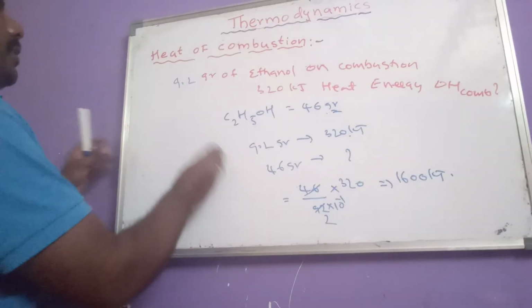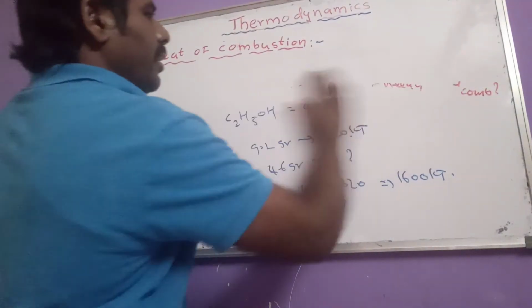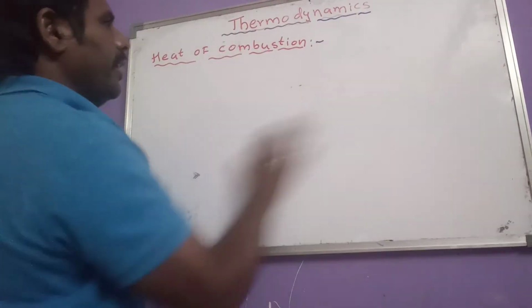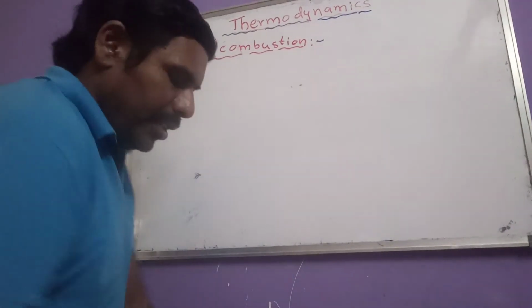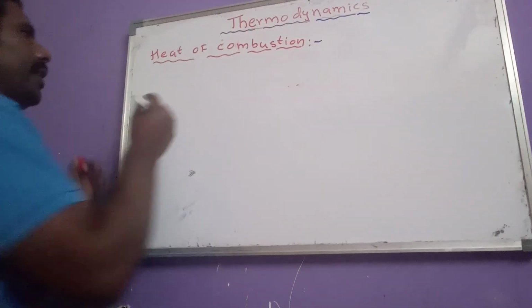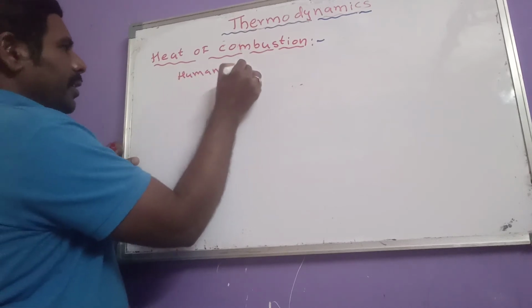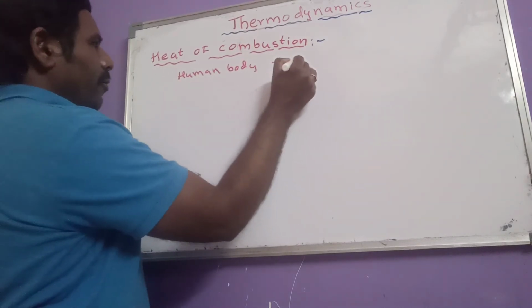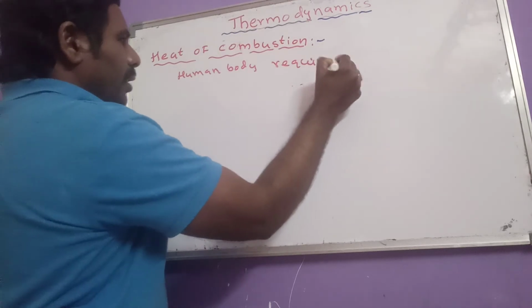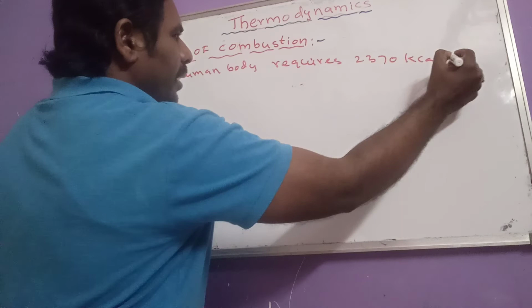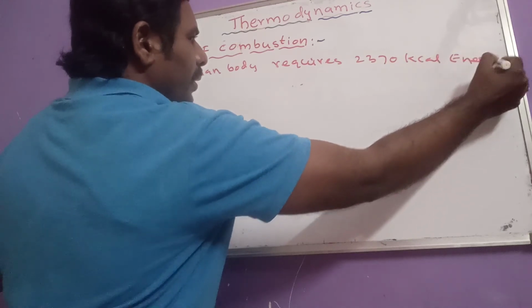Ethanol. Okay, then another question, a most important question for competitive exams. Listen. The human body requires 2370 kilocalories of energy daily.